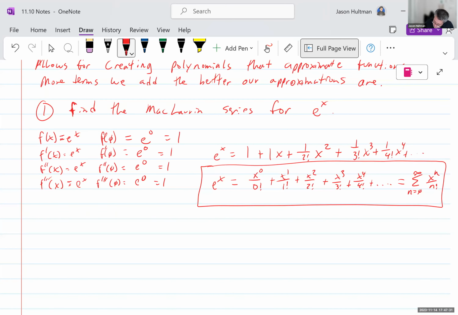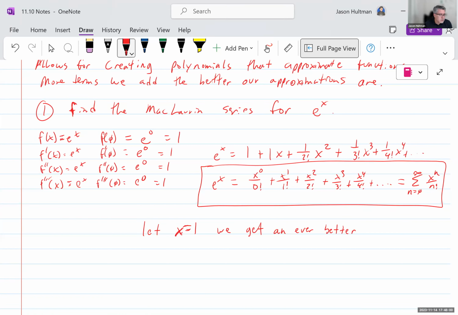Okay, what happens if I let x equal 1? Well, then I just get an approximation for the natural exponent. So letting x equal 1, we get an ever better and better approximation, and ever, what's a better word for better and better?